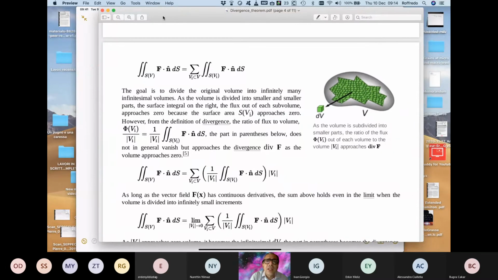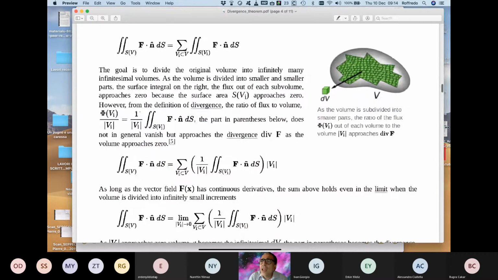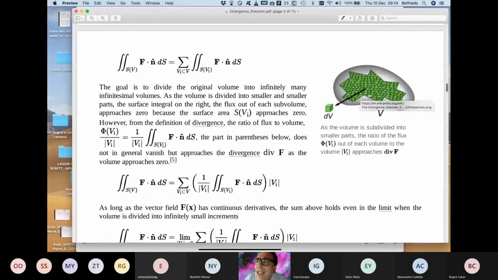finite element theory. Because now, the partition of this can be done with tetrahedra. I mean, with every kind of finite element partition you have in mind. But for simplicity, let us think about cubes.